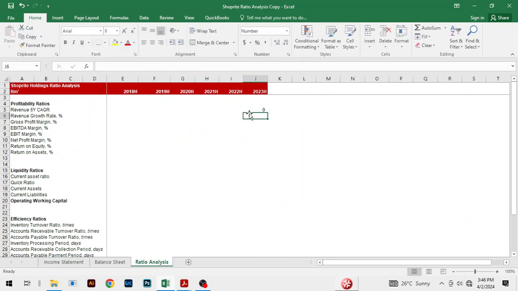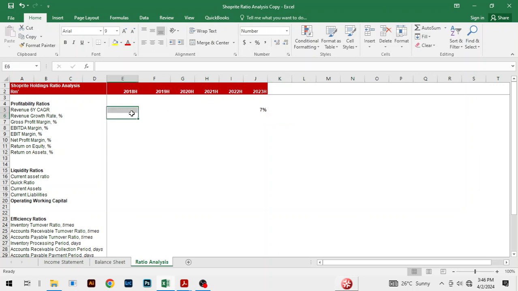Okay, so here let me turn that into a percentage. So Alt HP. So now we have computed the 6-year CAGR. So we're saying that Shoprite Holdings revenue is growing by a CAGR of 7% annually, right?